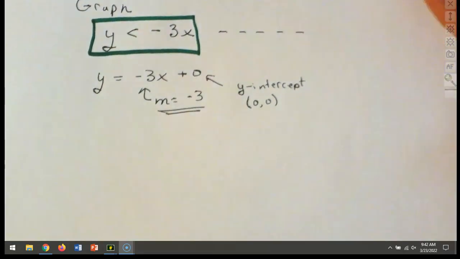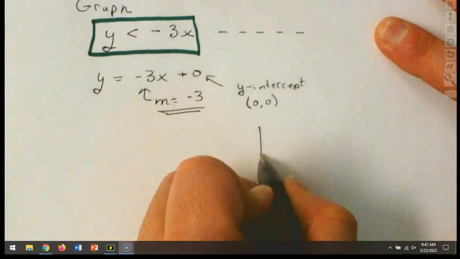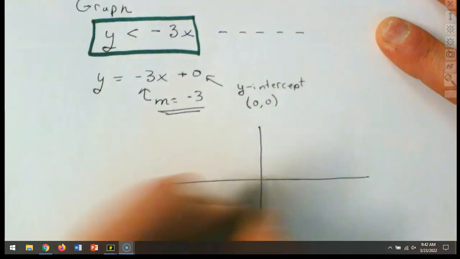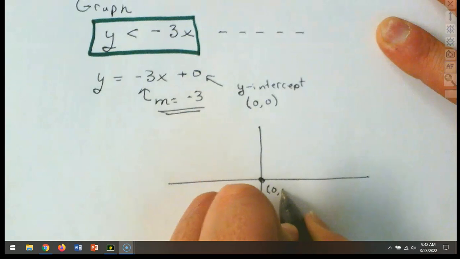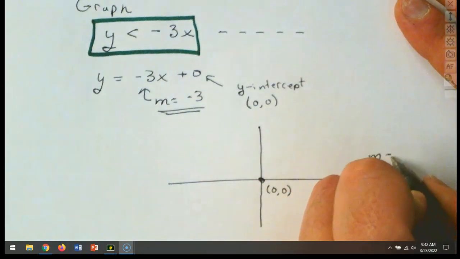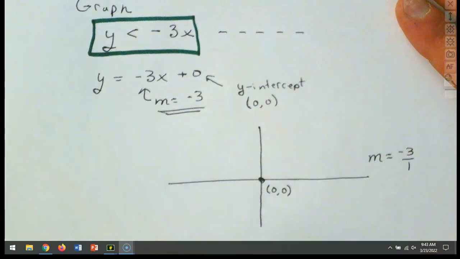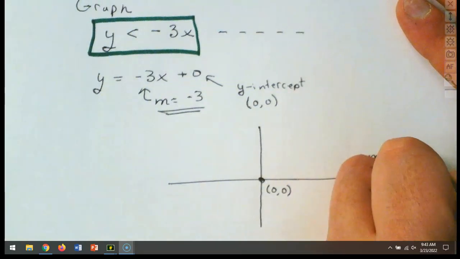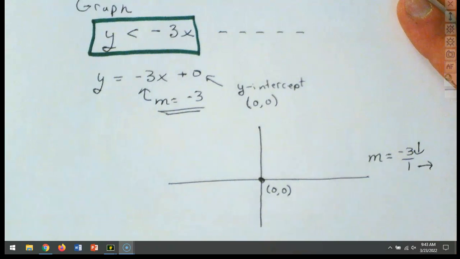So let's go ahead and graph this out. We're going to start at 0, 0. And then our slope is a negative 3 over 1. So that means we go down 3 and we go over 1.